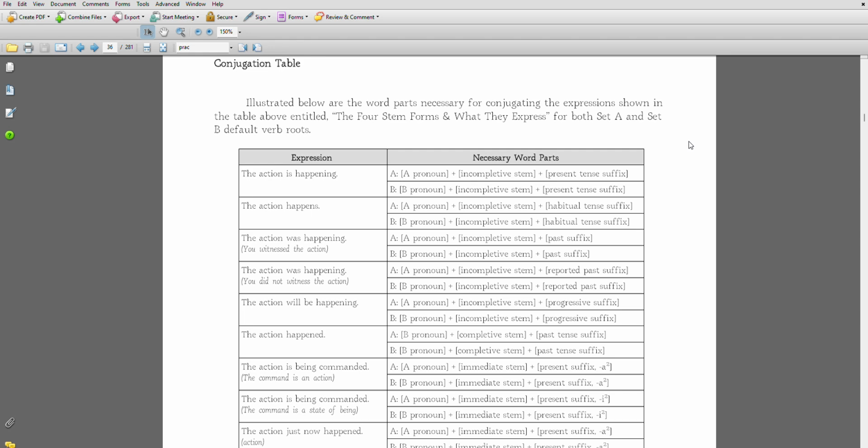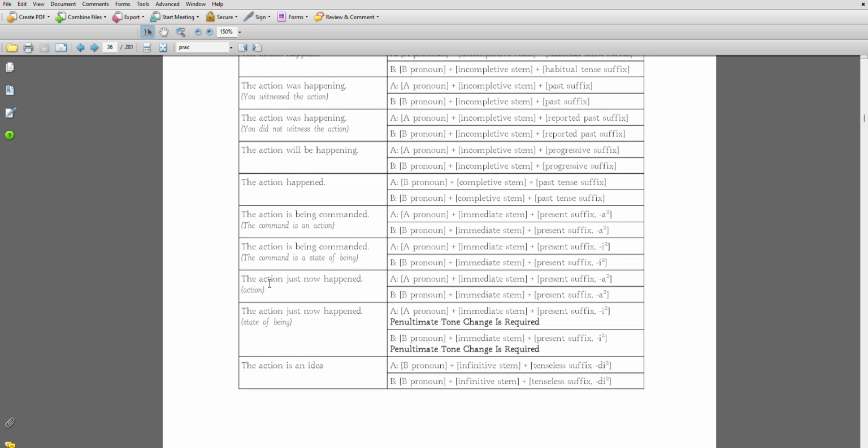If the default pronoun is set B, then you'll use a set B pronoun with the incompletive stem and a present tense suffix. So these are the parts that you will connect together in order to express each English idea.